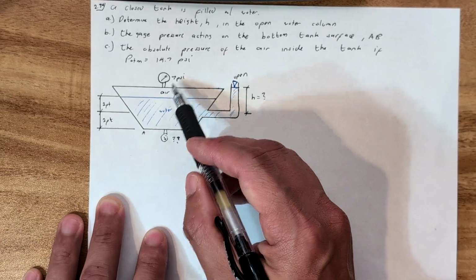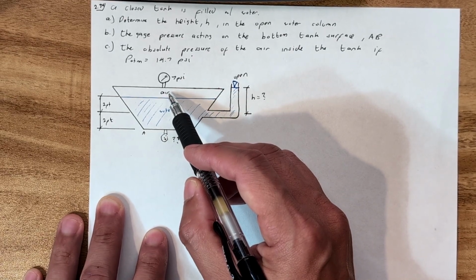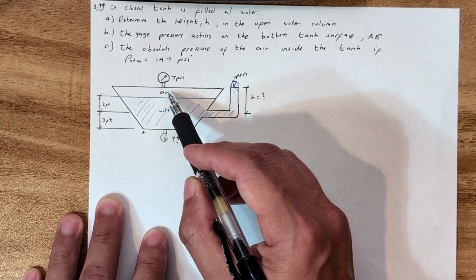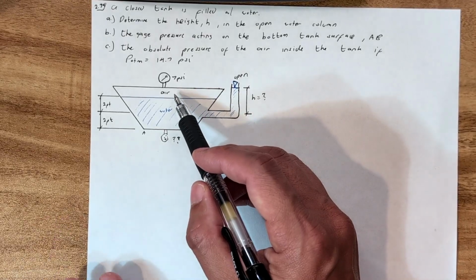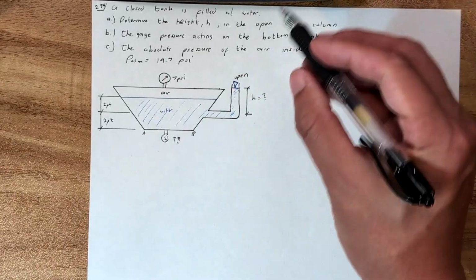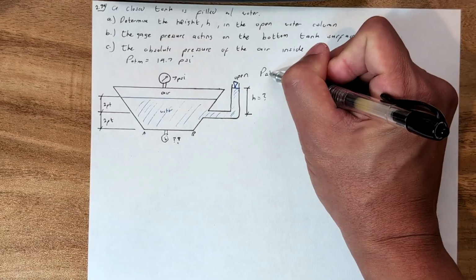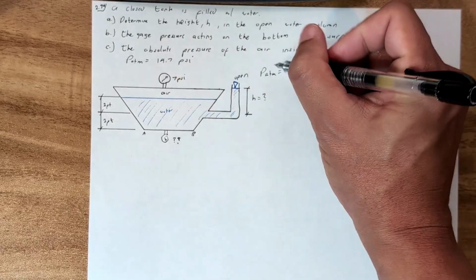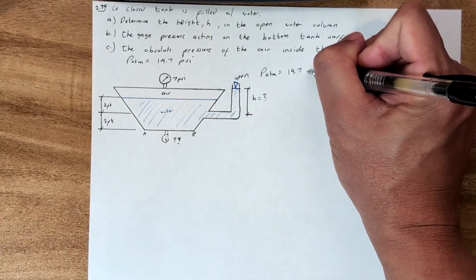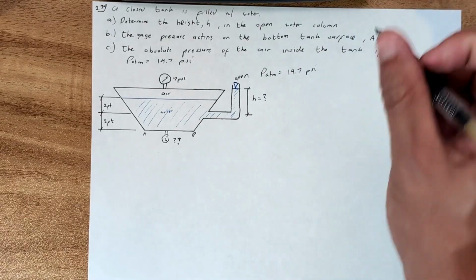What is the absolute pressure of that air? We're going to talk about that eventually. Over here, in the open air, P atm is given as 14.7 psi.